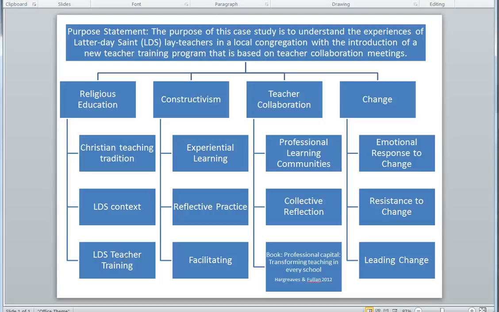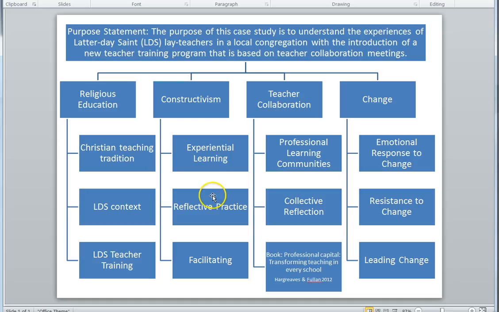So in each case, we're going to look at a stream. Constructivism is her theoretical lens that she's going to use that will help the reader understand the way in which she is looking at her topic. She's using constructivism, which is a theory of adult learning, as her lens. She's narrowing to experiential learning.